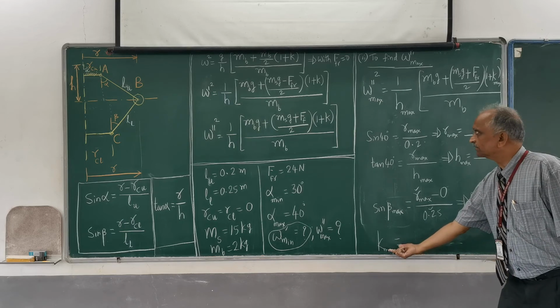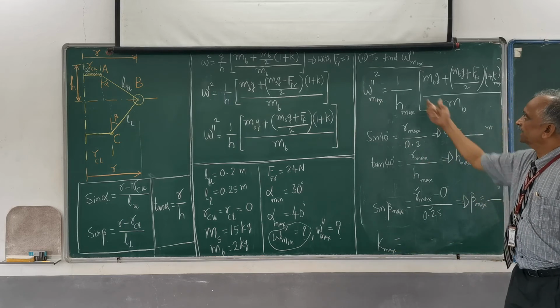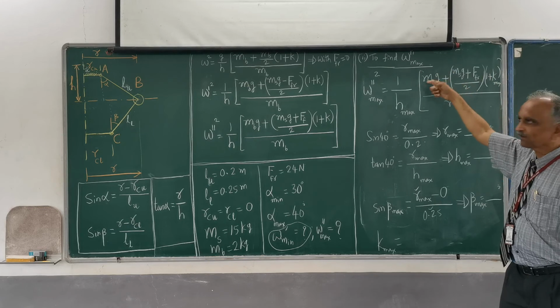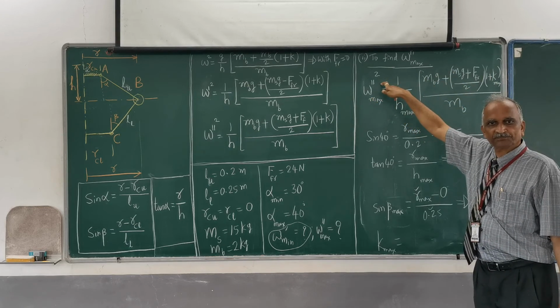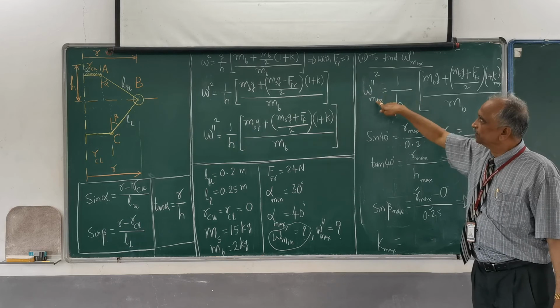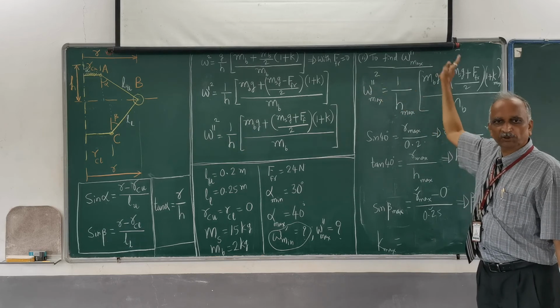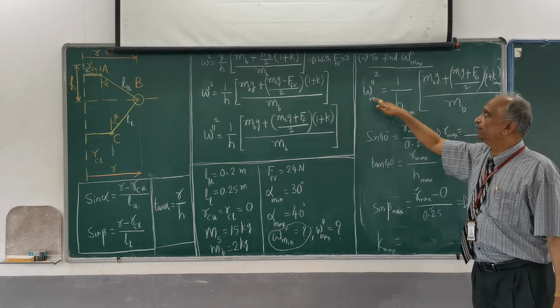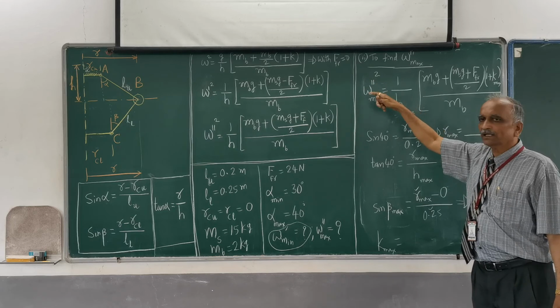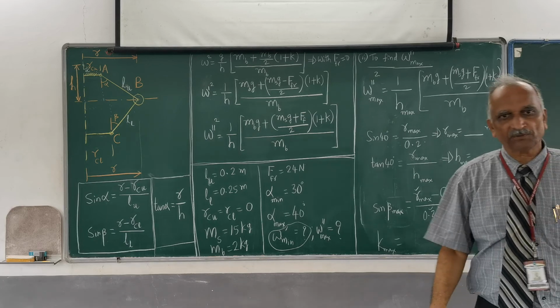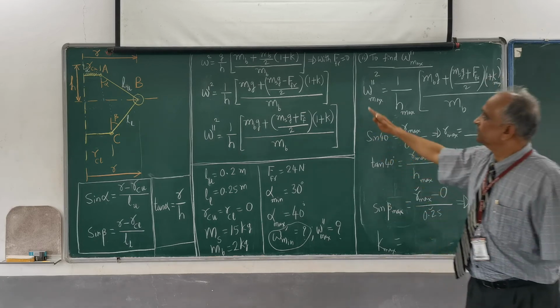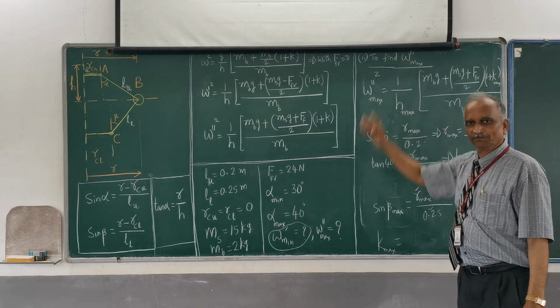You know k max, you know h max, and substitute here, and that is how you can easily find omega max double dash. You find the square first, and then take the square root, and you will get omega max double dash. From that you can convert that speed into RPM, which gives N max double dash.